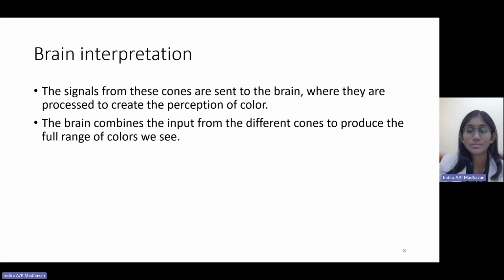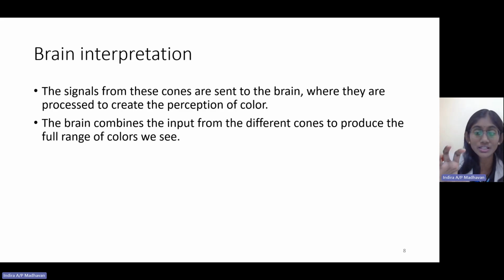So now we move on to the brain interpretation. Once the cones in the retina receive the light, they process the information based on the wavelength and form signals. They package all the information in the form of signals. The signals from these cones are sent to the brain, where they are processed to create the perception of color.